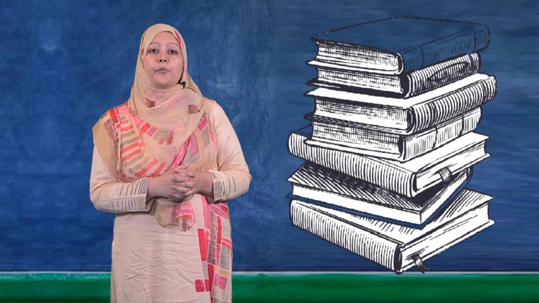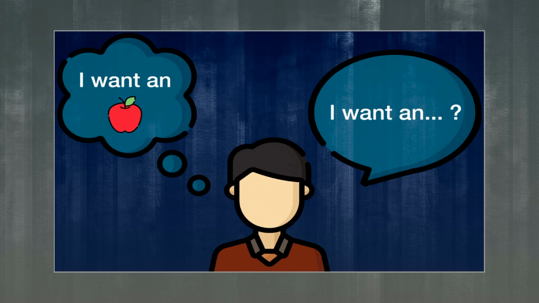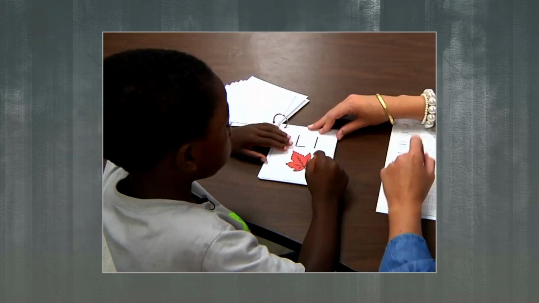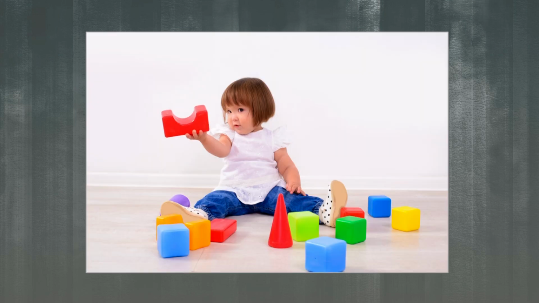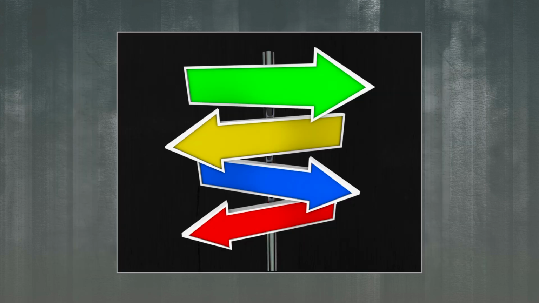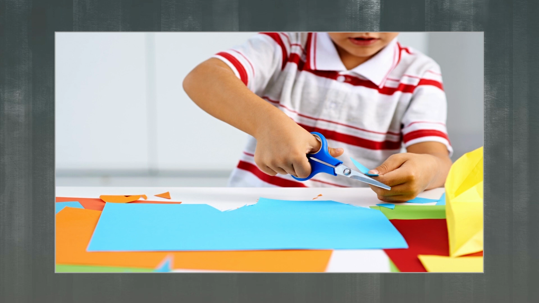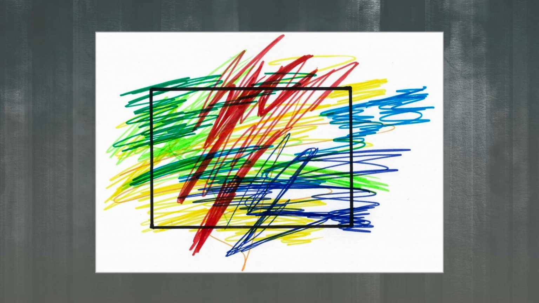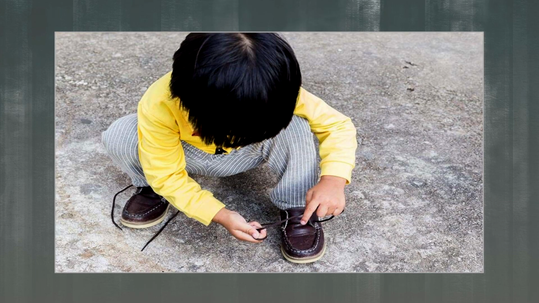Preschool age children have problems in pronouncing words, trouble finding the right word, difficulty in rhyming, trouble learning the alphabet, numbers, colors, shapes, days of the week, difficulty following directions or learning routines, difficulty controlling crayons, pencil, and scissors, or coloring within the lines, trouble with buttons, zippers, snaps, learning to tie shoes.